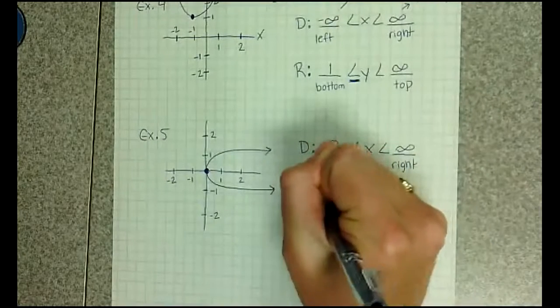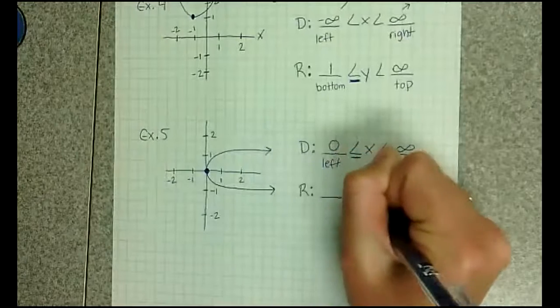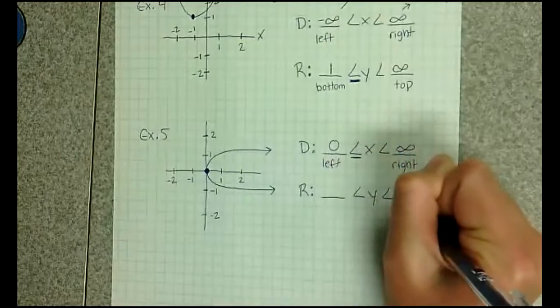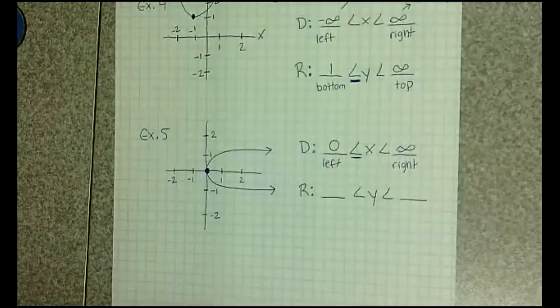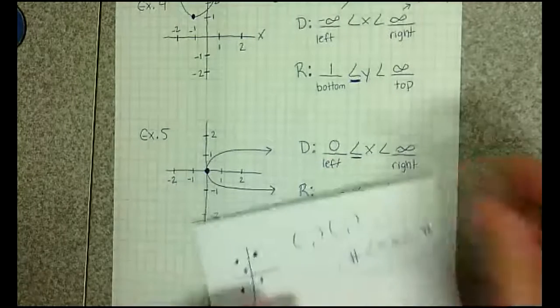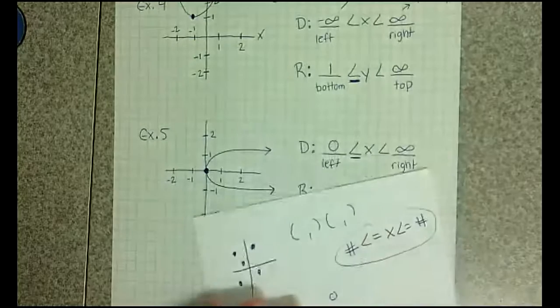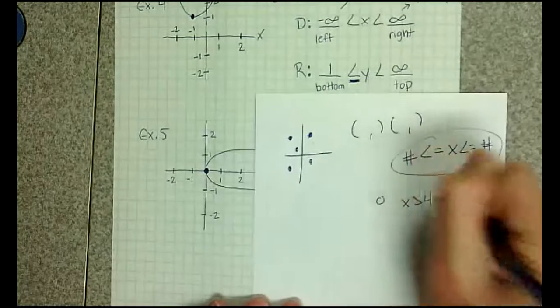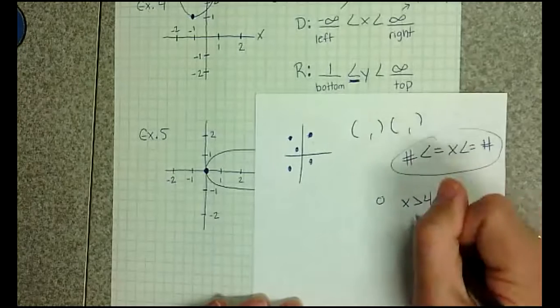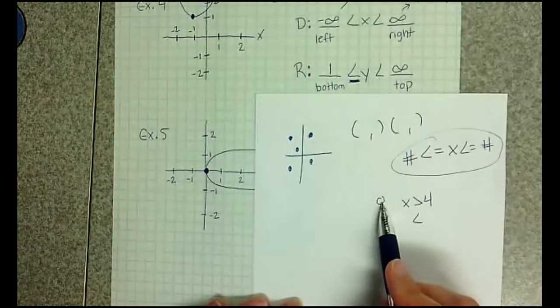Find the range for me. So whenever it's a number, you have to put equal to. I'm going to write that. And yes, if you have an open dot, like last chapter when we were solving inequalities, if it was greater than or less than on a number line, it was an open dot.